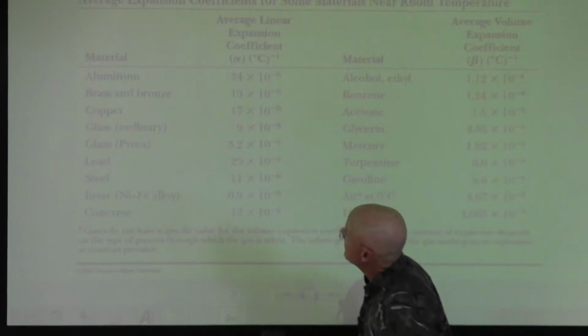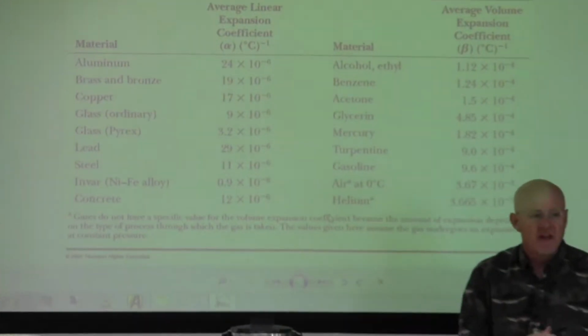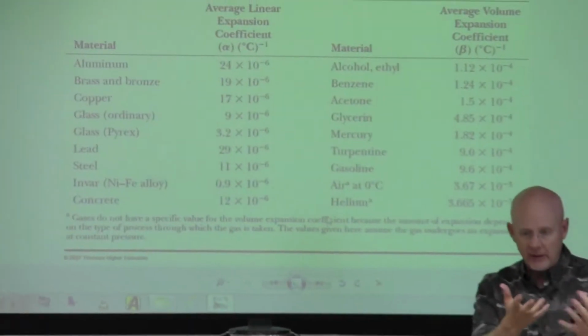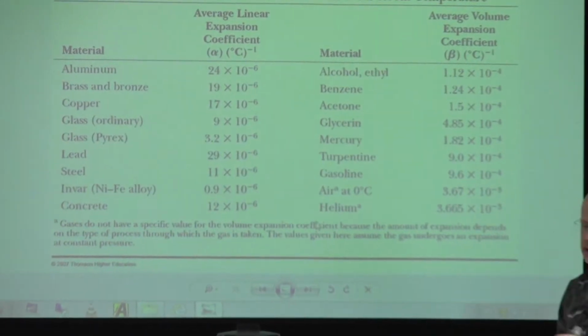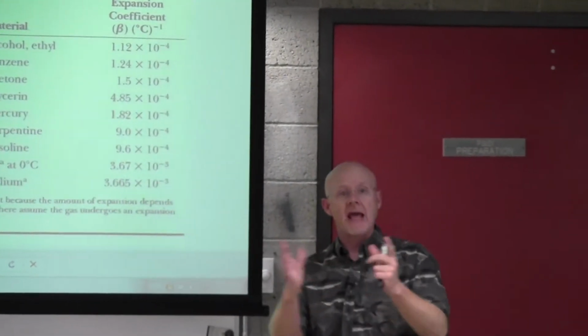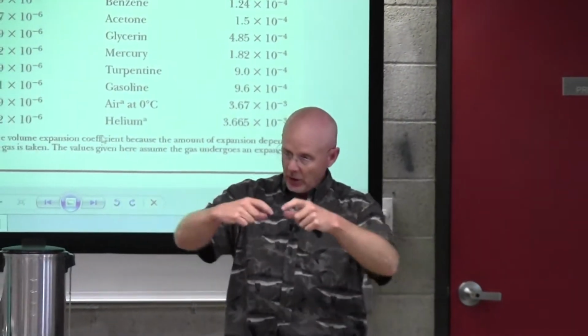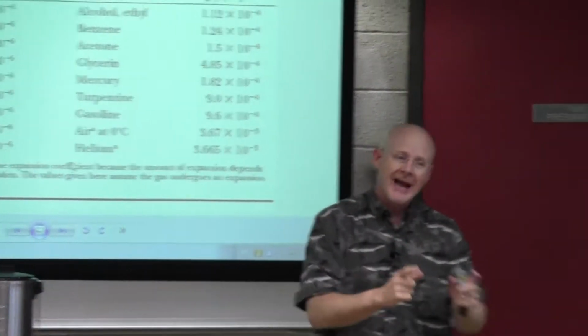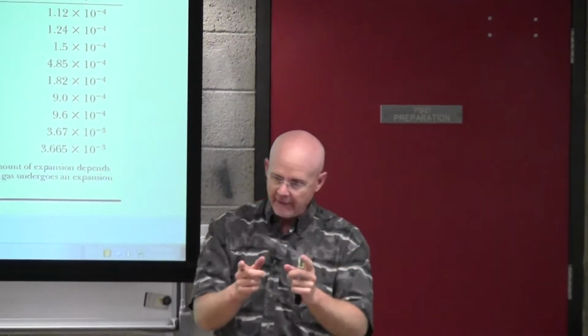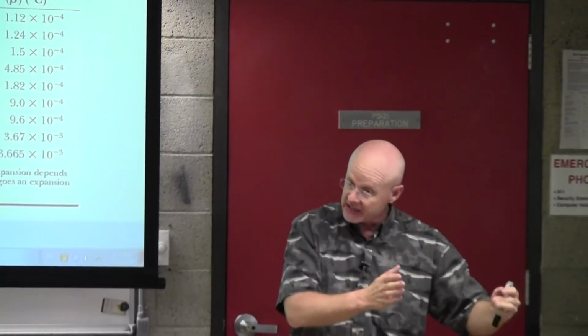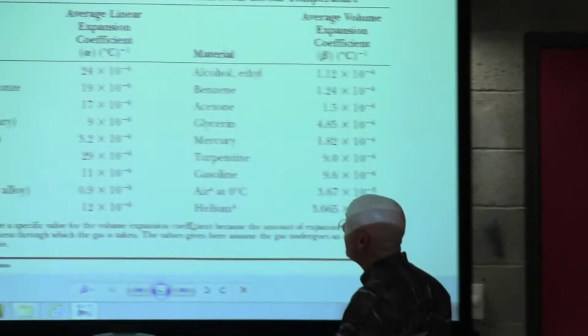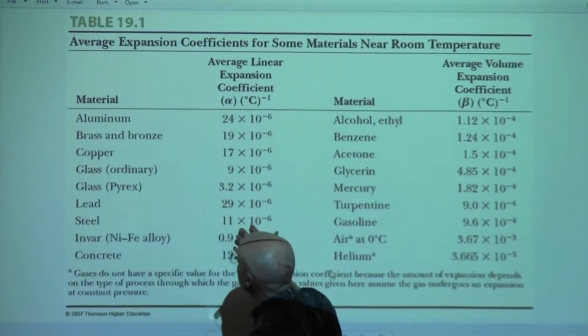The biggest thing I want to show you is that this is listed in the table in your book. As you do some problems, they might ask something like, you have a railroad and you are going to put down rails, how much room do you leave between the first rail and the second rail? How big is that gap? And so this is our expansion coefficient.